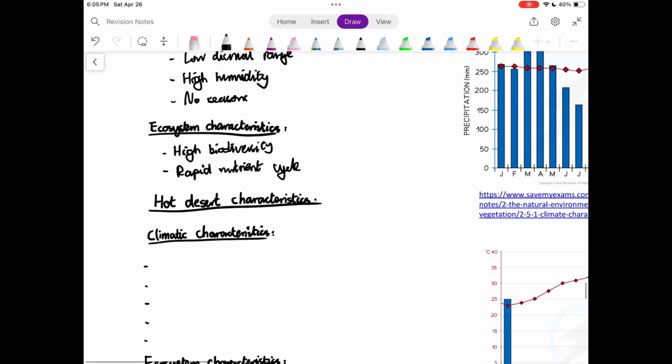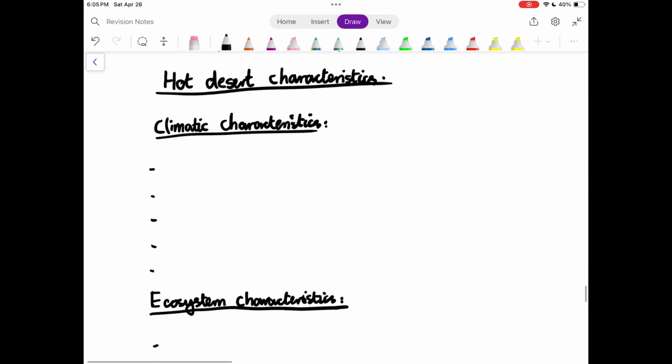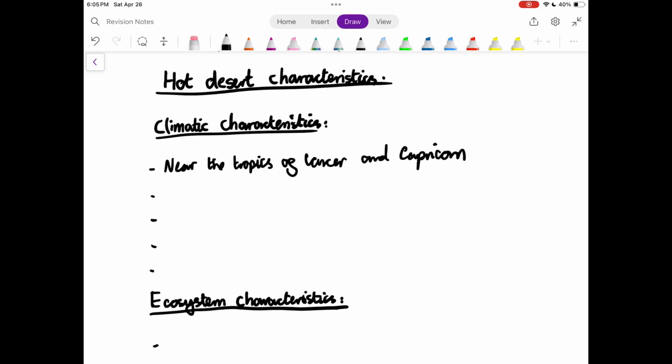So now we're going to be looking at hot desert characteristics. The characteristics of this are that it's near the tropics of Cancer and Capricorn, which I discussed above when we were looking at the global distribution of ecosystems.